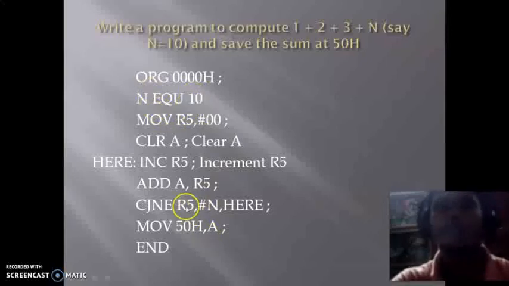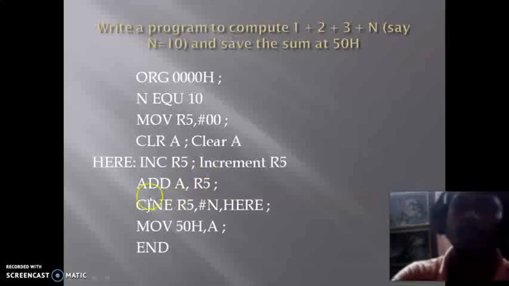So it will compare R5 with 10, and if it is not the same, then it will jump here. Again it will increment R5 by 1, then again it will add the result stored in the accumulator with the content of R5, and again it will check CJNE R5, N, means whether R5 and N are the same or not.